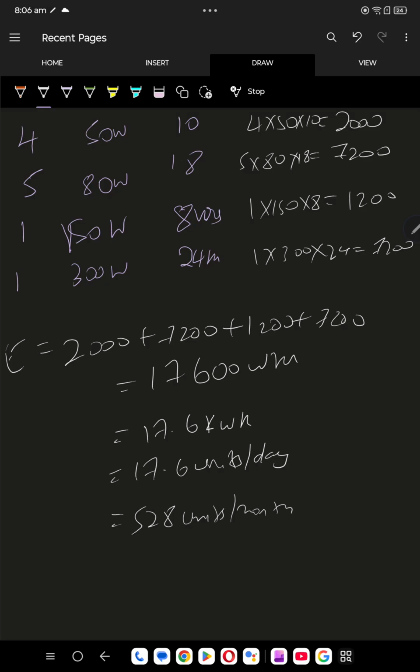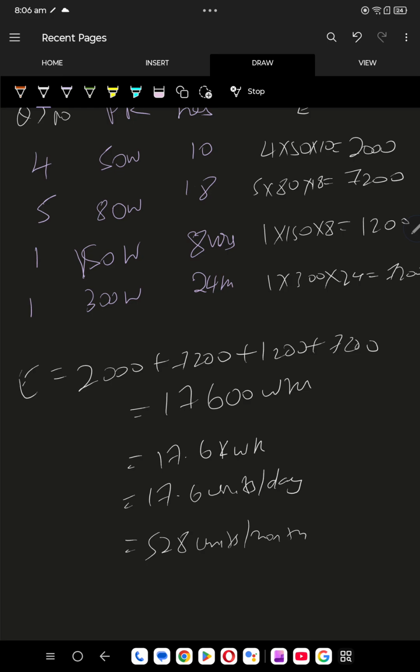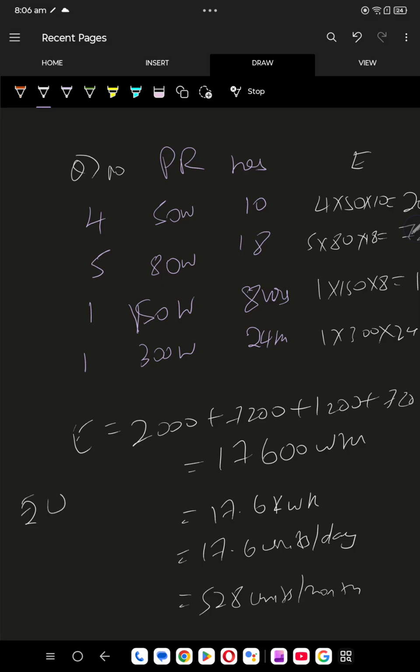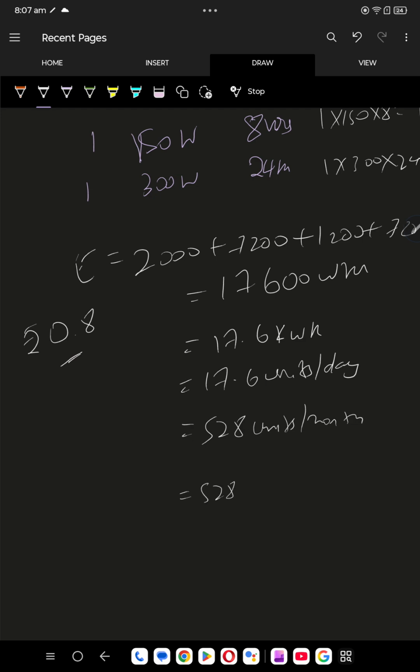Per month charges how much? I didn't tell you. For this question, it is 0.8 rupees per unit. So that is going to be 528 into 0.8, which is 422.4 rupees.